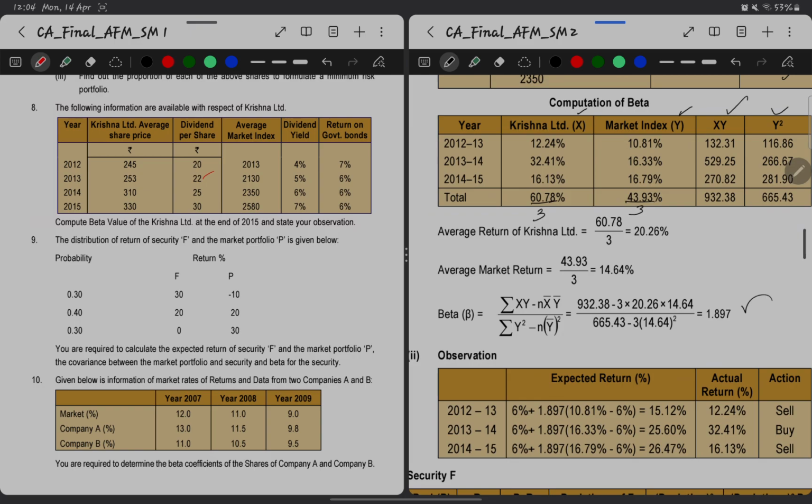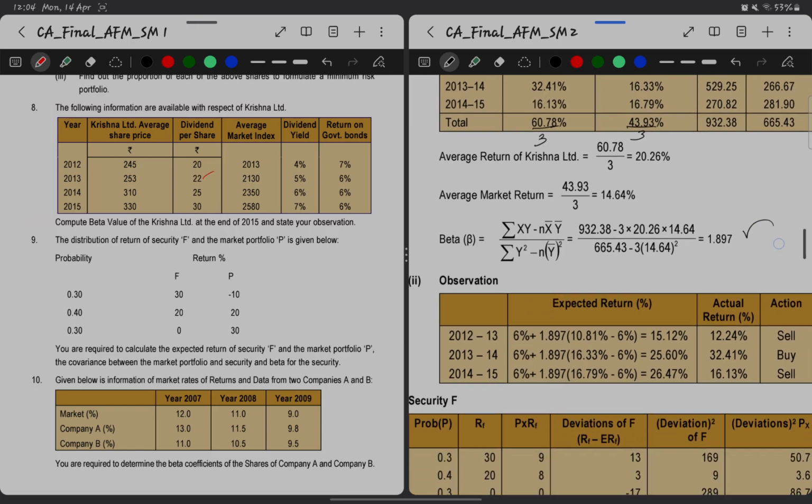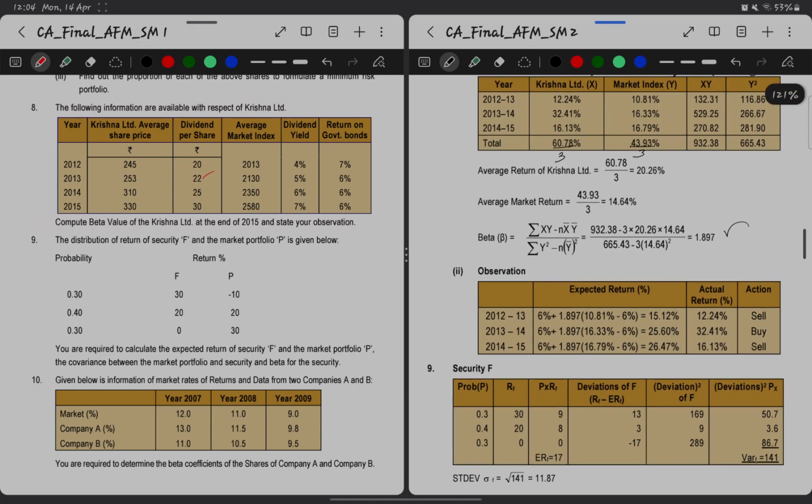The next requirement is to state your observation. We have the actual return of Krishna Limited. We have to find the theoretical return of Krishna Limited to take action on whether we can sell or buy the shares.